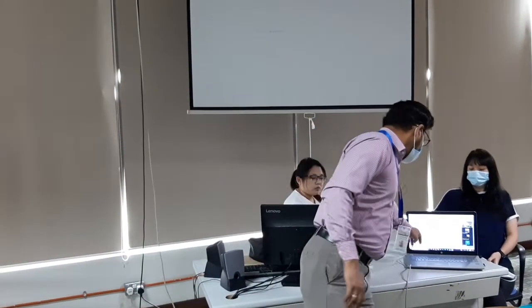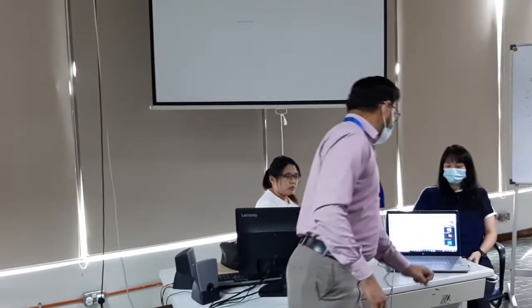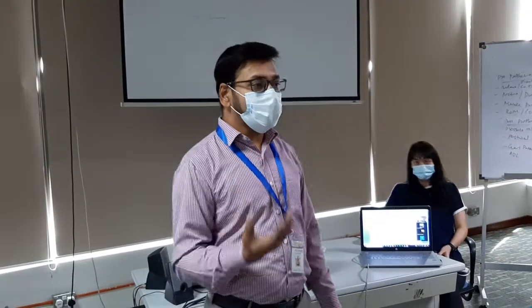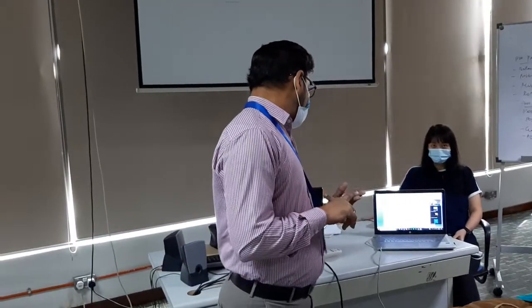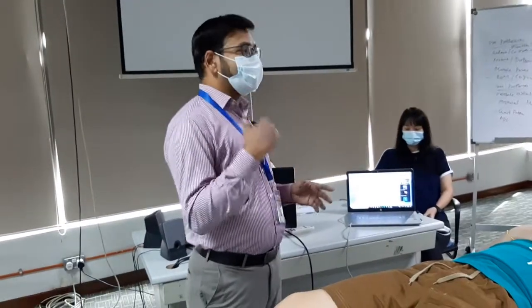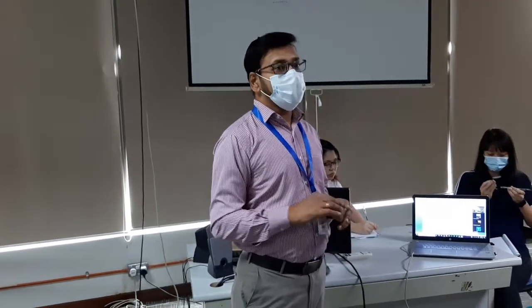And then grading. We have to mention the grade: 0, 1, 1 plus, 2, 3, 4, like that. For example, if I am grading it 0, obviously there is no increase in the muscle tone, which means flaccidity, right?